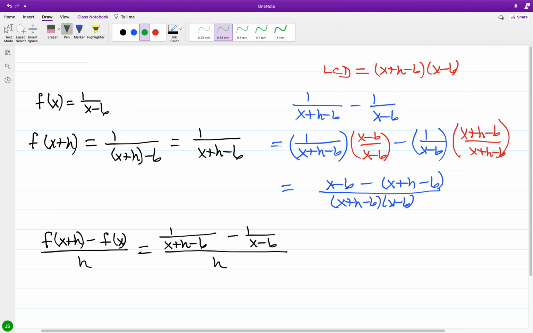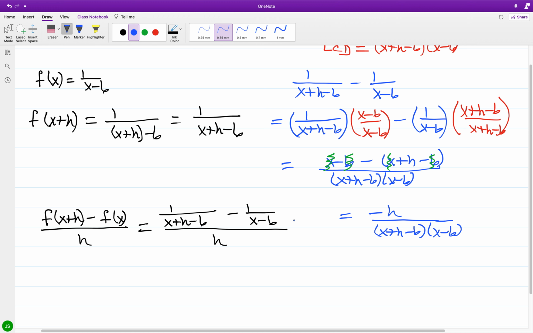And we have x's will go out. And we're going to have negative 6, and what's going to be plus 6. So this will come down to negative h all over x plus h minus 6 times the quantity of x minus 6.